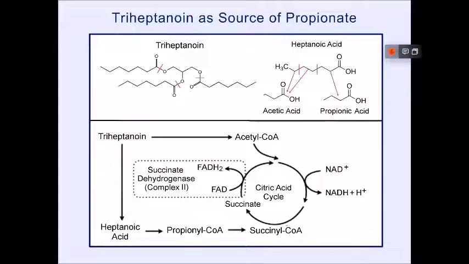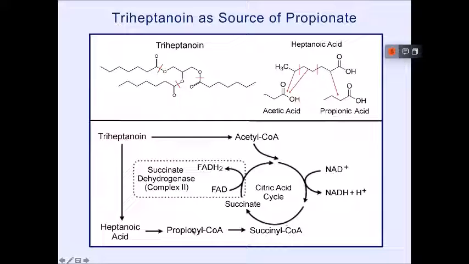And just to mention, triheptanoin is like MCT oil, if some of you are familiar with that. That's a 10-carbon fatty acid. This is the glycerol base, and then a 7-carbon fatty acid, 3 attached to the glycerol. And that heptanoic acid is broken down into 2 acetic acid groups and 1 propionate group.